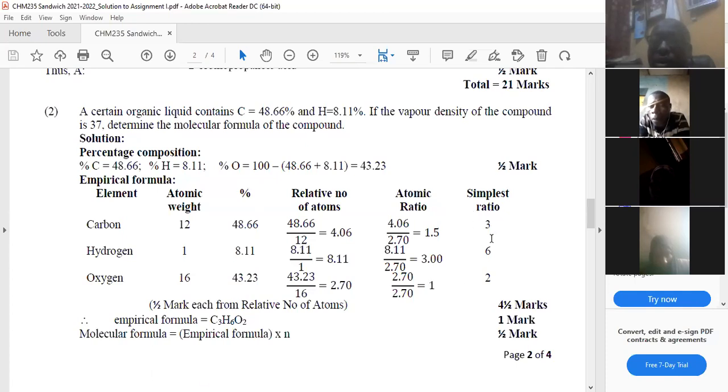And that is what you have in the simplest ratio. In this case, the factor we use is 2. We multiply everything by 2. 1.5 times 2 gives us 3. 3 times 2 gives us 6. And 1 times 2 gives us 2. That's why you have C3H6O2.